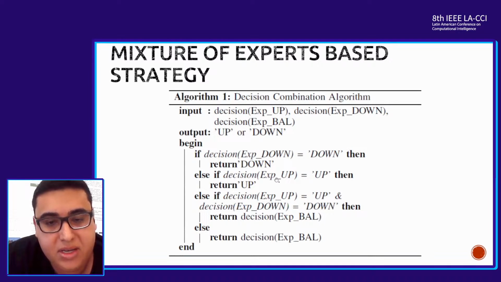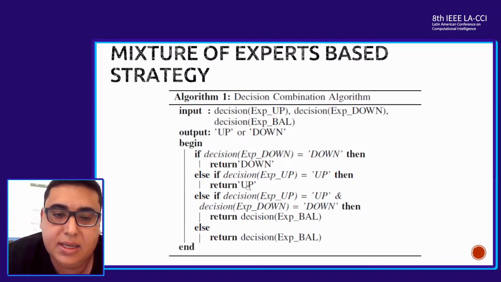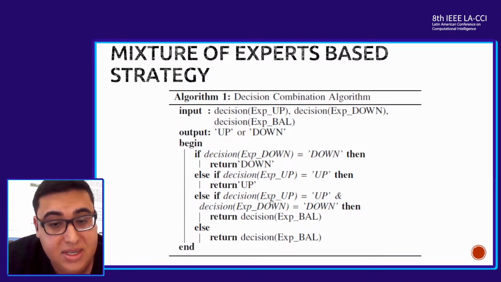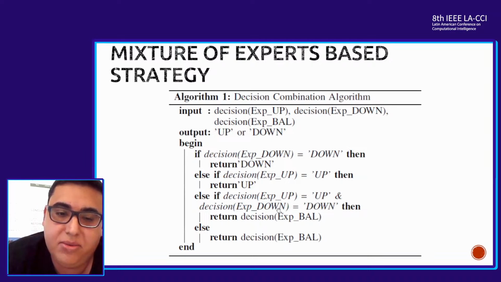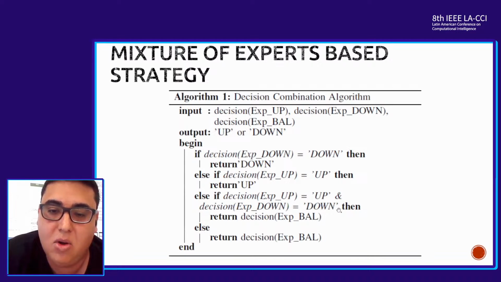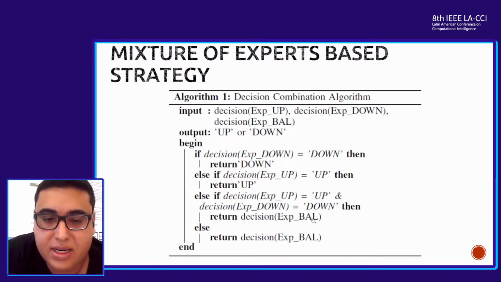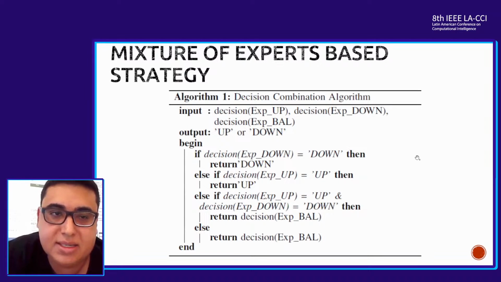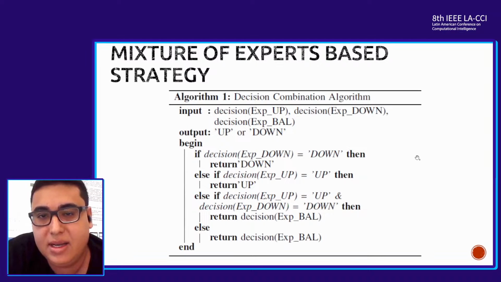If the expert in uptrend says that the market is going up, then we return the uptrend. If the uptrend expert says it is up, and the downtrend expert says it's going down, then we return the balanced approach. So basically, we mix the experts based on a combination of the outputs of these three experts.